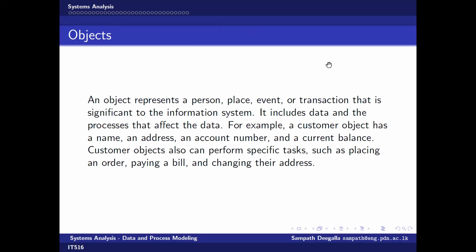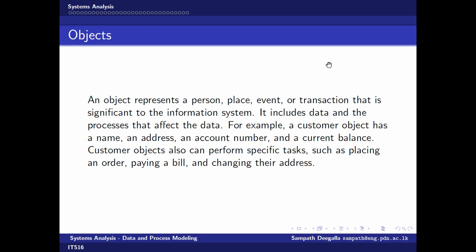Now, let me start with objects. We can have a person, place, event, or transaction which is significant to the information system. We are not actually going to model everything. When you take an object, you have data as well as processes. This is slightly different from other modalities.